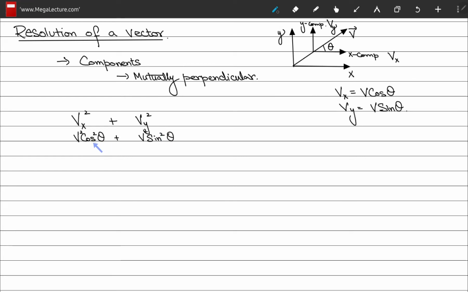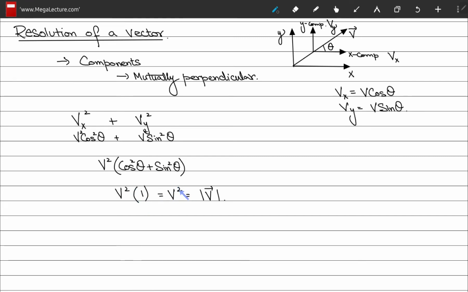But you can clearly see that from this expression we can factor out our V squared, so we get this expression over here. But from trigonometry again, we know what cos squared theta plus sin squared theta is. It is just a unit, right? It is just 1, which means that this is just V squared.